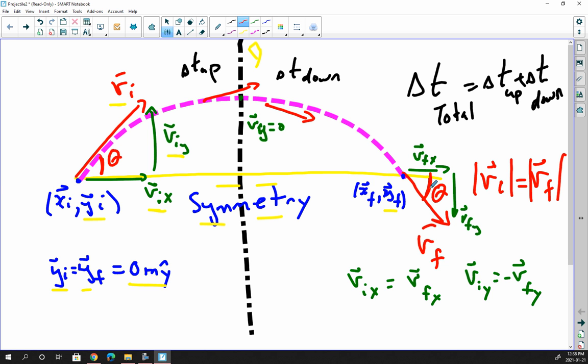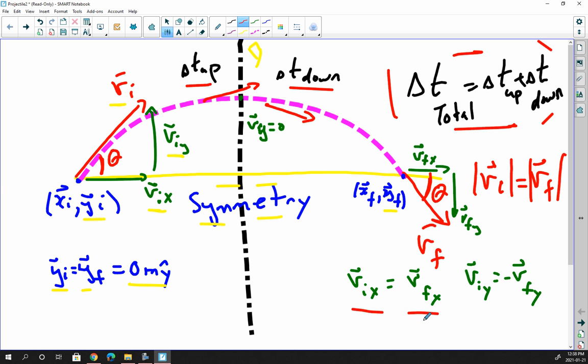Similarly, the time it takes to go up to the vertex of the parabola and the time it takes to go down from the vertex of the parabola to the ground are equal. The total time is adding them both together, as I've written right here, but these two values are equal. We saw that in grade 11 when an object was thrown straight upward and came downward. There's a symmetry here.